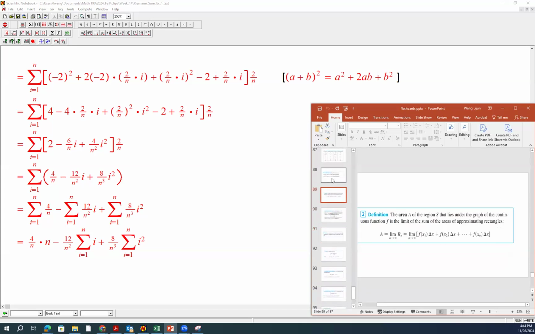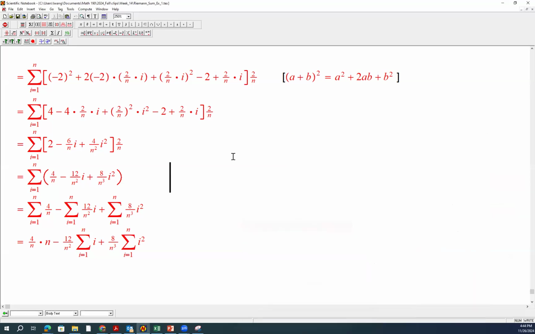Okay. The summation operation, you will see the properties. We have that the summation of a sub i plus b sub i is equal to the summation of a sub i plus the summation of b sub i.